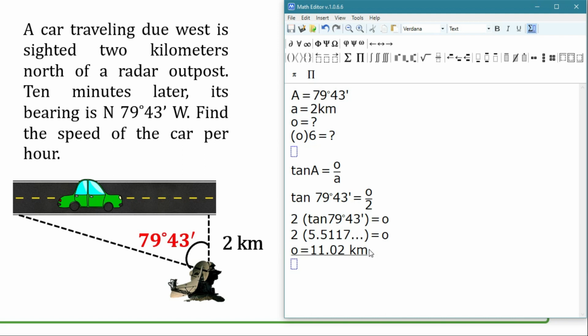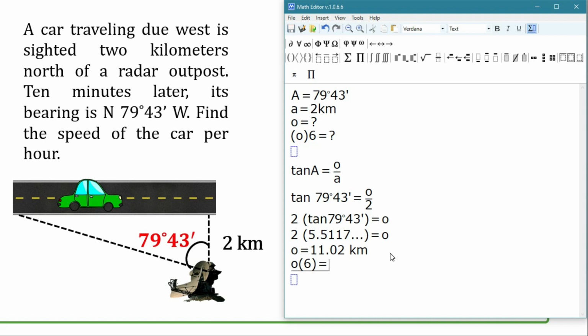But this is just the distance of the car 10 minutes later, considering our given angle or bearing. So how are we going to find the speed of the car per hour? Since there are six 10-minute intervals in an hour, we multiply this opposite side by 6. The problem does not say that the car changed its speed, so we assume it is at a constant speed. So we simply multiply the opposite side by 6.